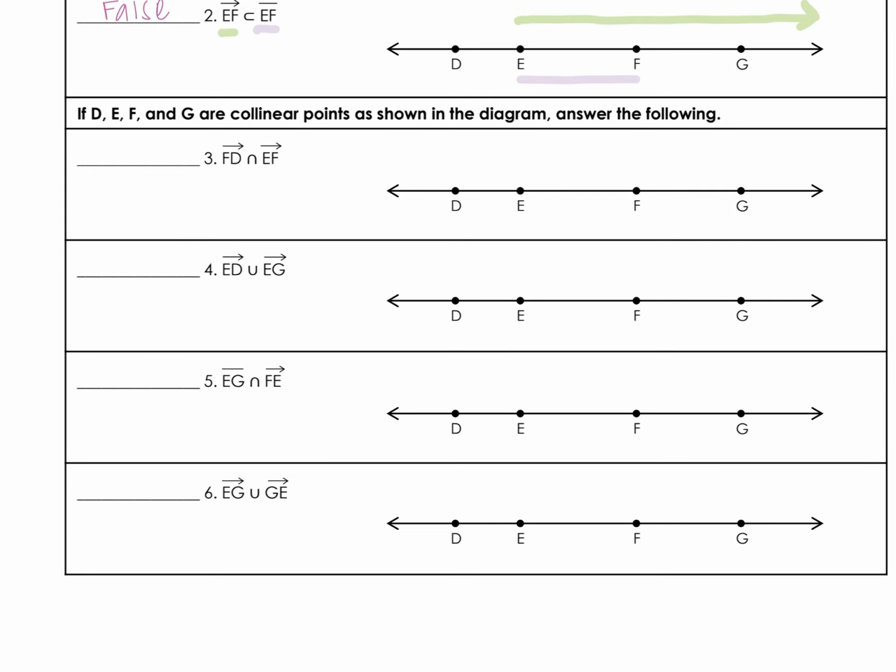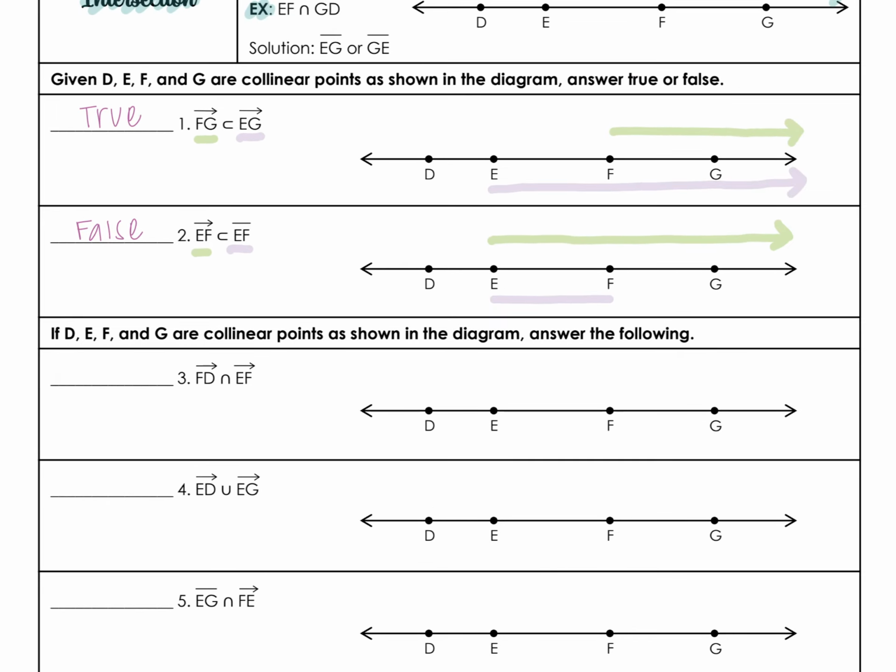Something to use as a hint: up above, in our instructions, they did specifically tell us to answer true or false. But if we look at these problems down below with our union and our intersection, we don't have that. So with these, we should not be writing true or false.